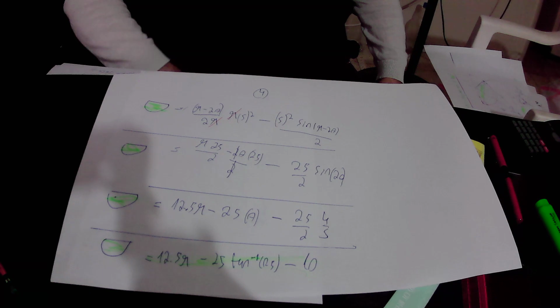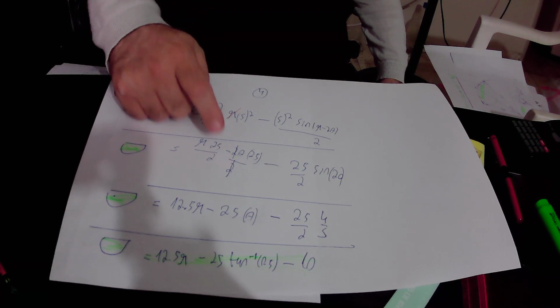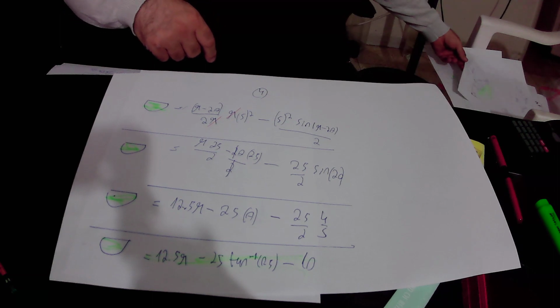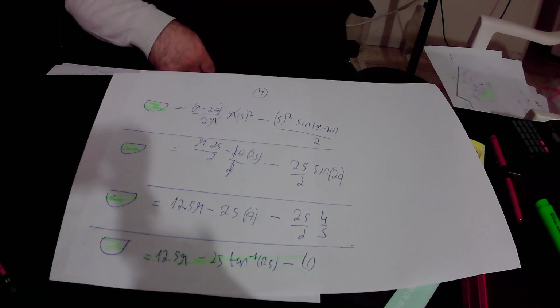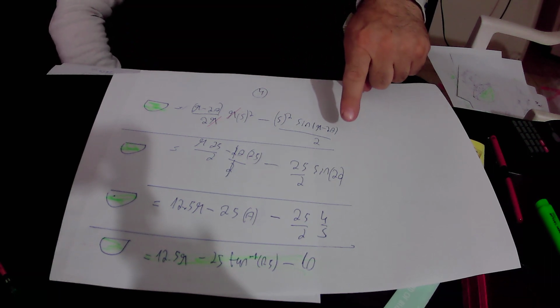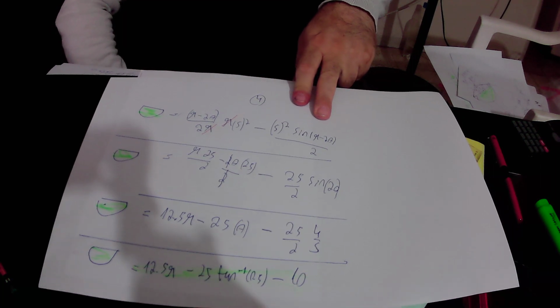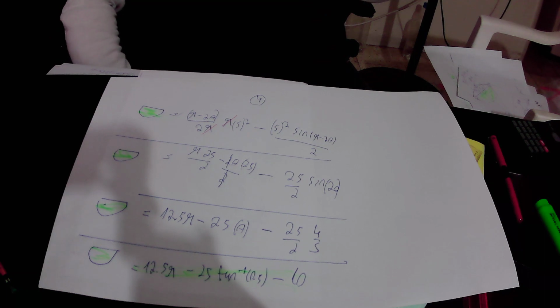So we have 2 in the numerator, 2 in the denominator, so 2 will get cancelled, and here we have 5 squared is 25 over 2 times sinus pi minus 2 theta, which equals sinus 2 theta, of course.